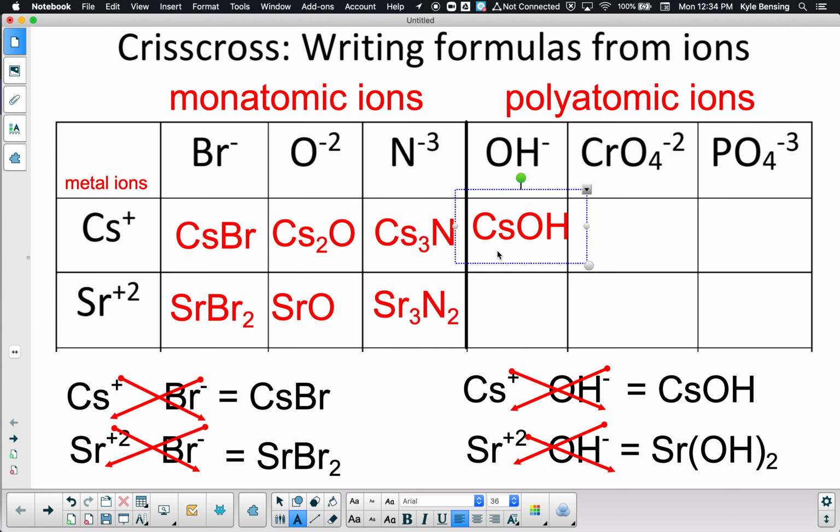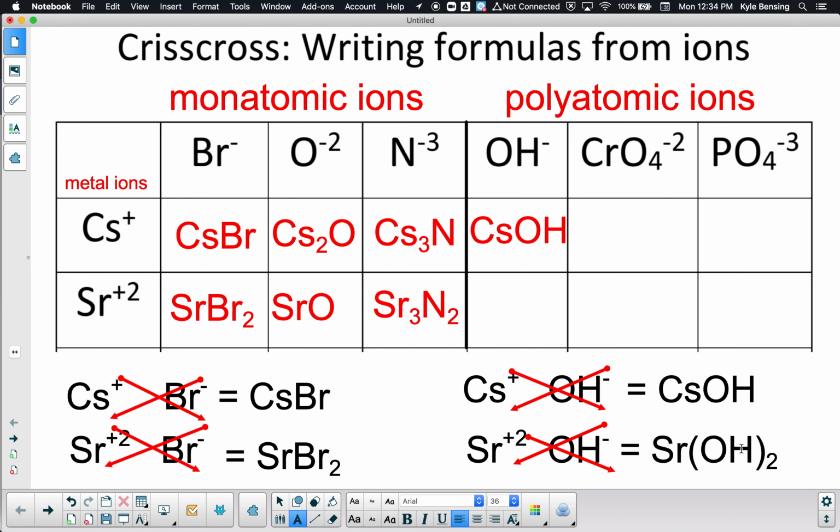The difference you're going to notice, though, is not in the first one, but it's in strontium. Notice how when I put the 2 down here, I don't just put the 2 outside the H. I literally have to put parentheses in to make sure that it's obvious that the O and the H are together. That means that there are 2 O's and 2 H's because we multiply whatever's outside the parentheses by the numbers inside.